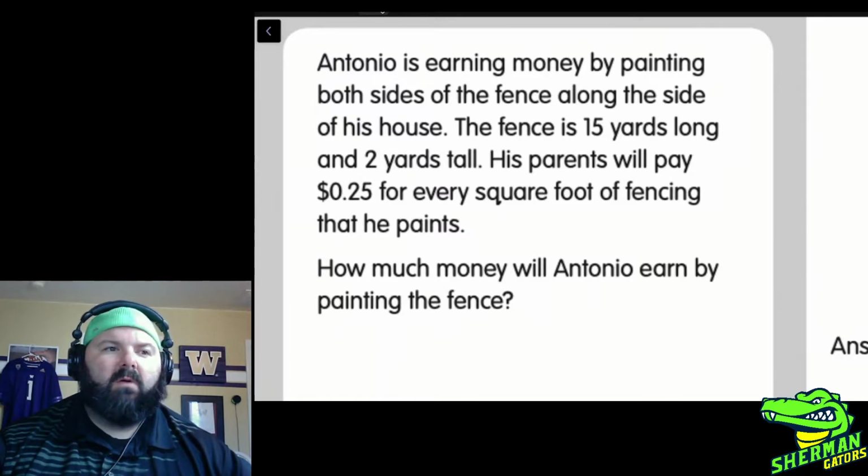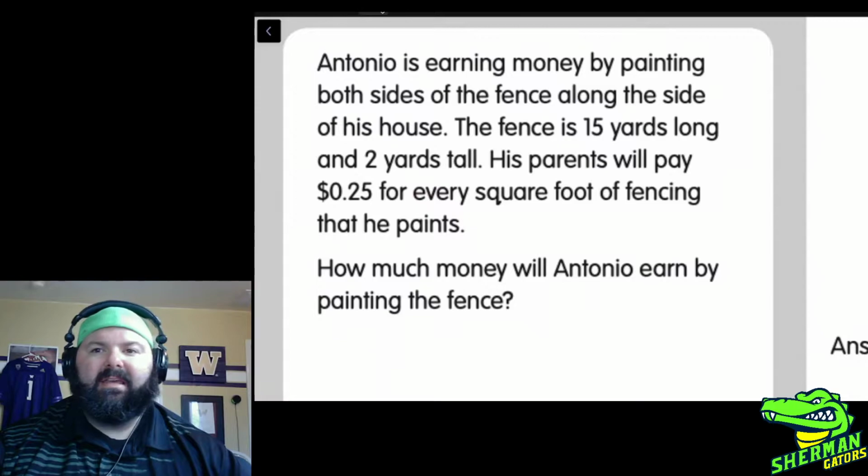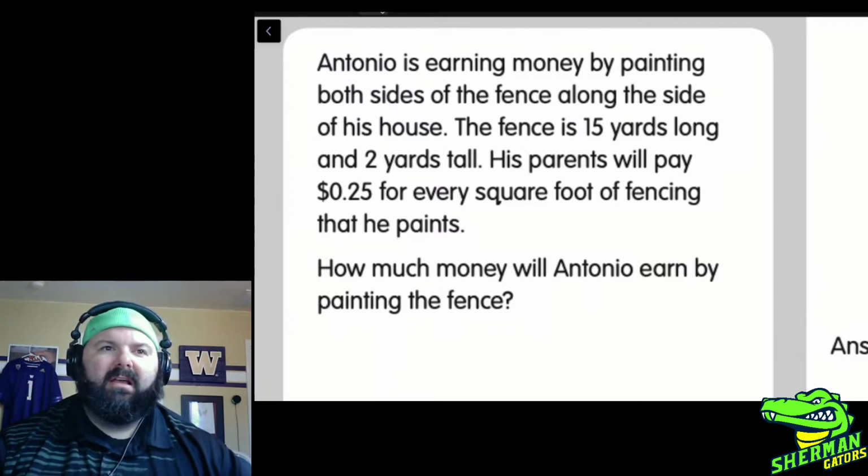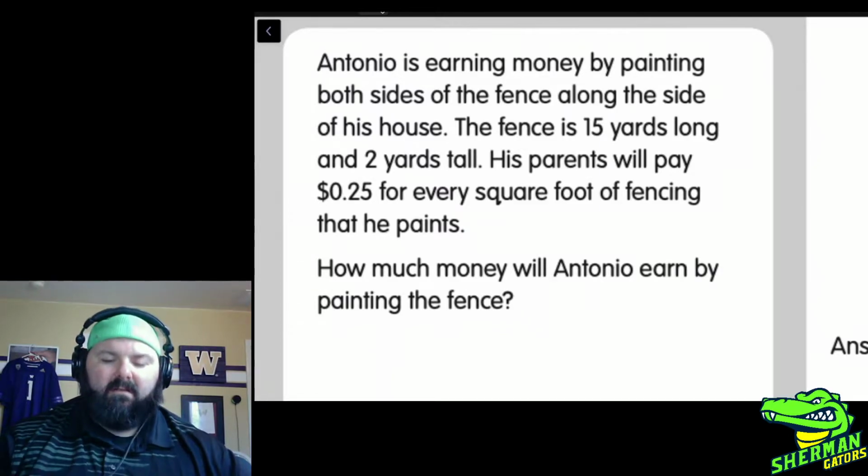On this one, we want to make sure that we are first figuring out how many square feet the fence is, and then after that you're going to decide how much money he will make. So don't just sit there and think, oh, I'm going to do 2 times 25 cents. No, make sure you're getting the square feet of the fence first and then the money.